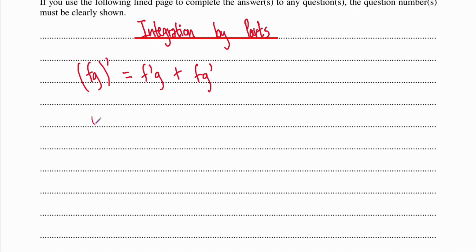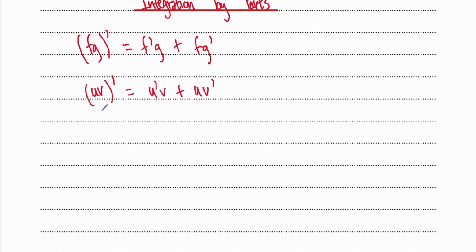But let's write that f and g in terms of u and v. So I'm doing the exact same thing. I'm writing uv all prime is equal to u prime v plus u times v prime. Okay, so what can we do? Let's integrate both sides. So when you integrate both sides, you integrate this, and you integrate this. Well, uv prime and then integrate. It's like differentiating something and then integrating it. Well, when you do that, you just end up getting the function that you started with.